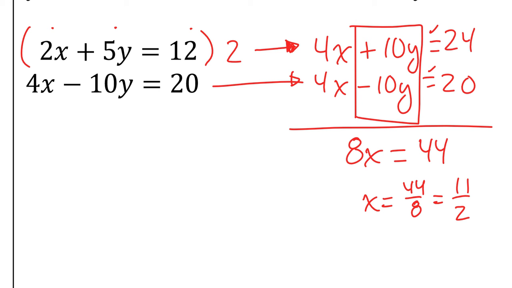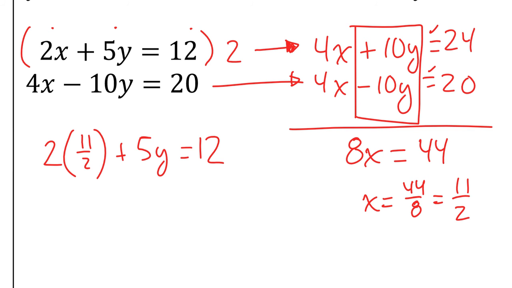I'm not afraid yet. I'm going to pick the top equation because I just have the number 2. I'm going to multiply by 2. So I'm going to write 2 times what x is. x is 11 halves, plus 5 times y equals 12. This is convenient. 2 times 11 halves ends up just being 11.